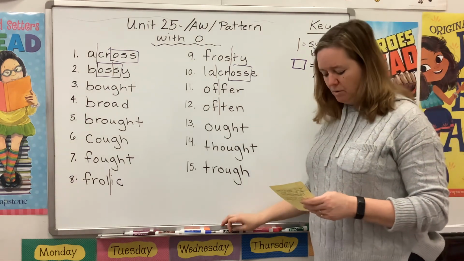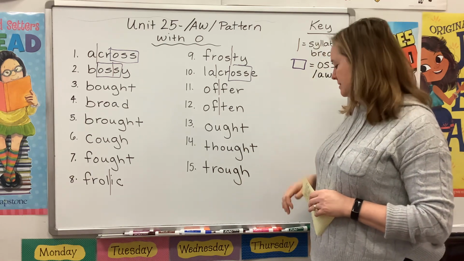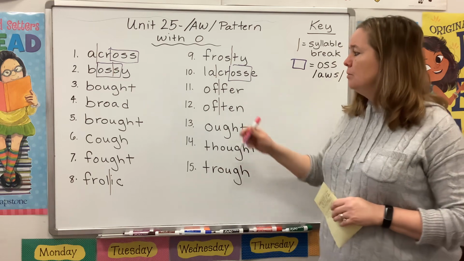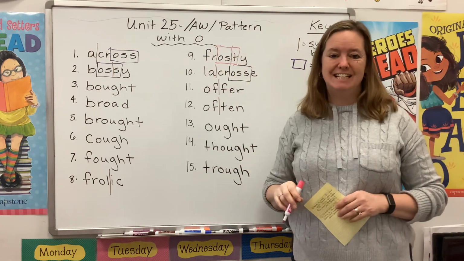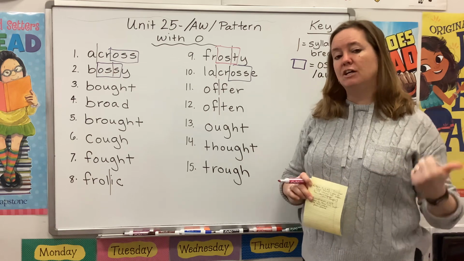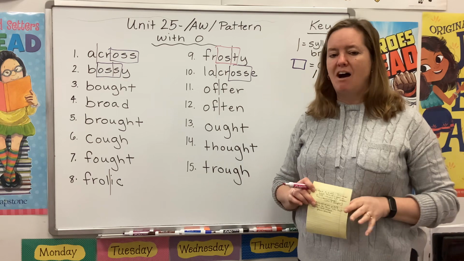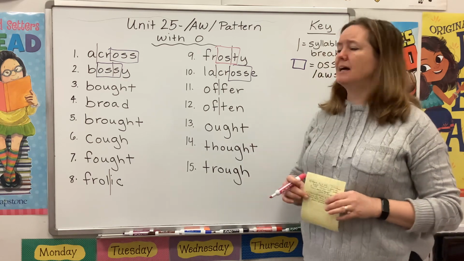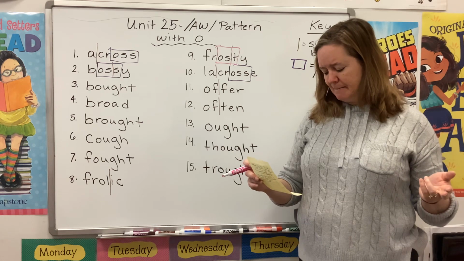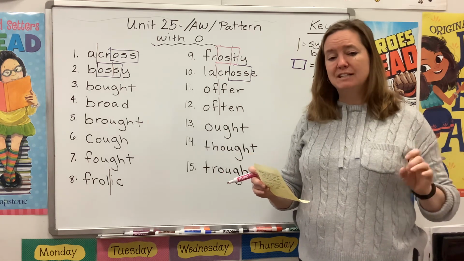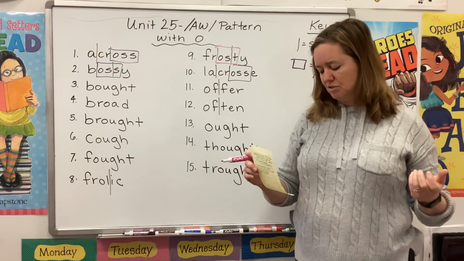Okay, now another common pattern is OST. We see it in frosty. We also see it in words like cost and lost. So maybe it's actually not that common because honestly, aside from cost, lost, and frost, I don't see it in smaller words, but you do see it in bigger words like Boston or hostile.